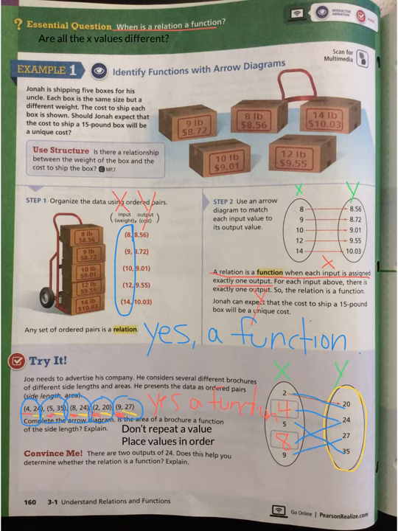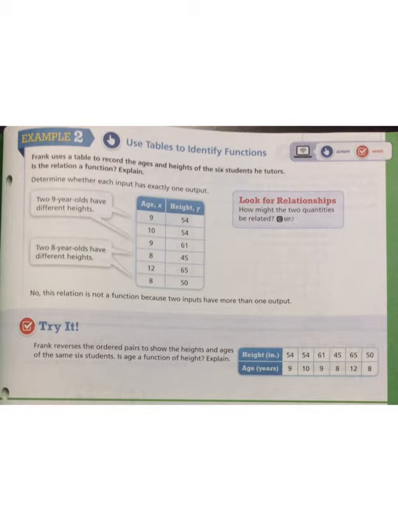The next one is to determine when a relation is a function, and we're going to ask ourselves that question: are all the x values different? Here we're looking at a table, and they've labeled the age as the x and the height as the y, and we're trying to determine if it is a function. So again, let's not make this challenging. Let's ask ourselves the question.